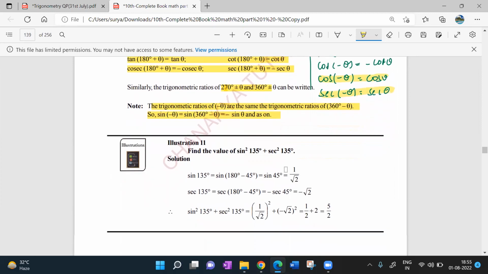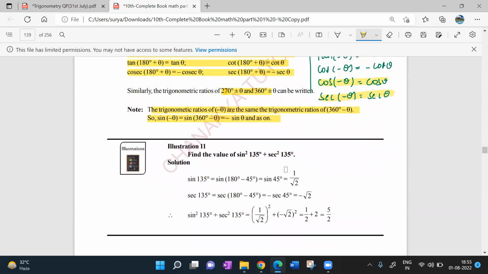I'll tell you a simple story. Take sine of negative theta. Can I write this negative theta as 0 minus theta? Do you agree? 0 minus theta is equal to negative theta.